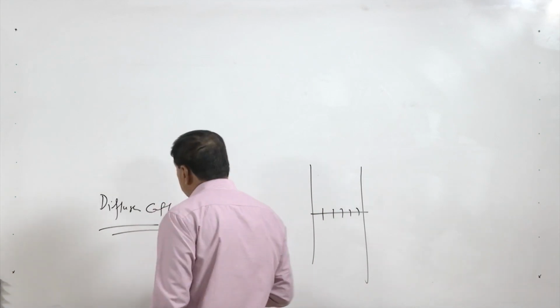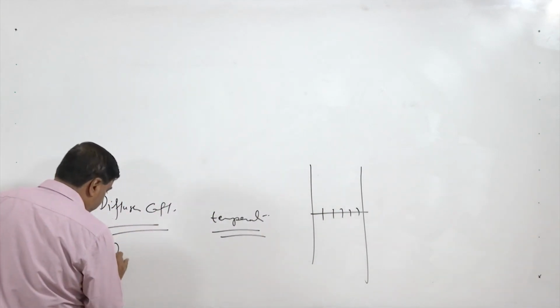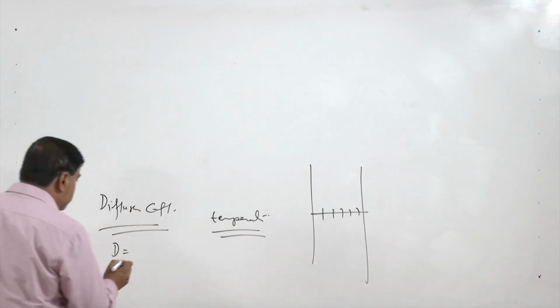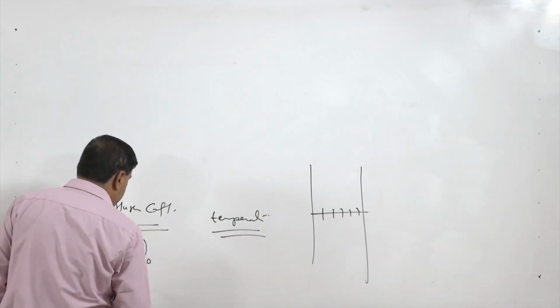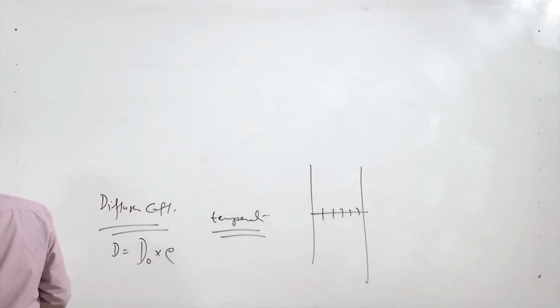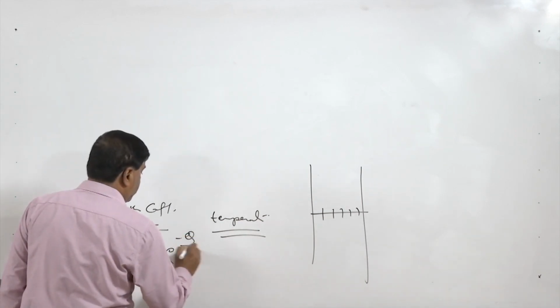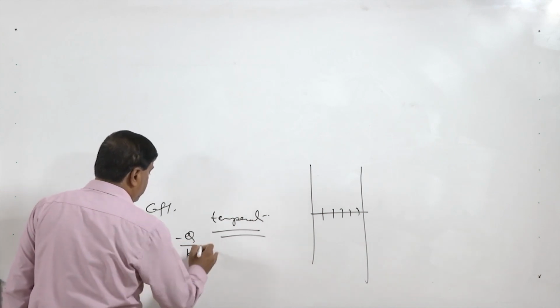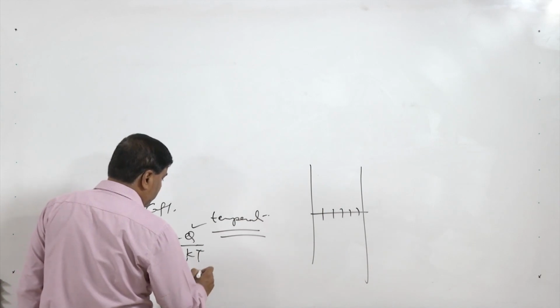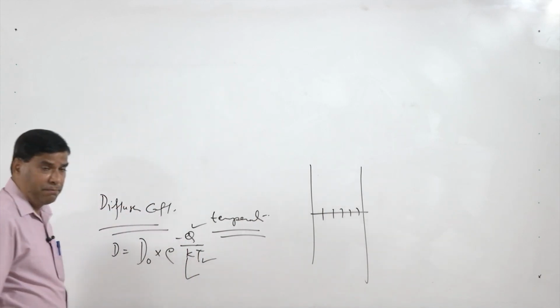So, it is important that the diffusion coefficient is properly understood. One is the diffusion constant D0 and e raised to the power minus Q by kT. The activation energy is Q, k is the Boltzmann constant, T is the absolute temperature.